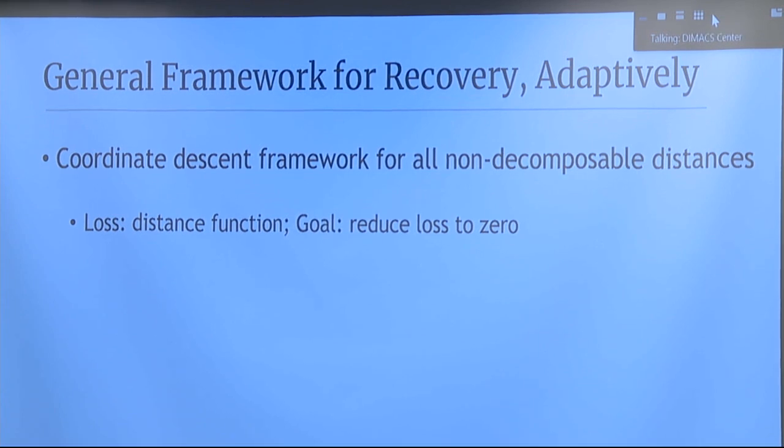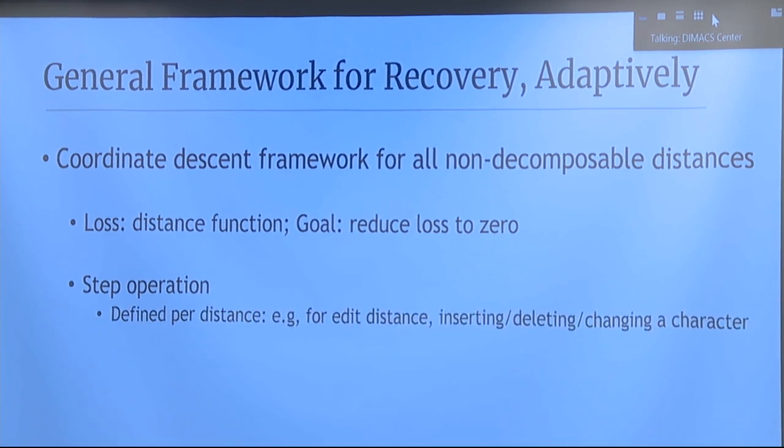Your goal is to walk in the space to try to reduce the distance down to 0. This does work under some general conditions. I'm just calling this a step operation, which depends on what your distance is, but the hope is that for many distances you can make these local steps and gradually reduce your distance to 0.